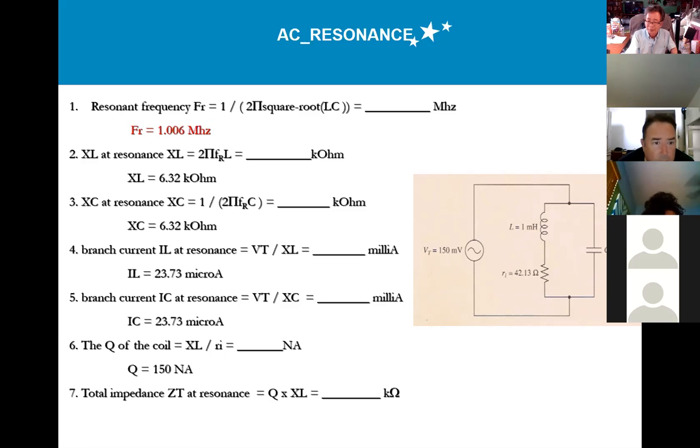You're doing good calculation, 150, and the 7, 948 kilo ohm. Oh, I got it. First time I got one of these calculations correct.